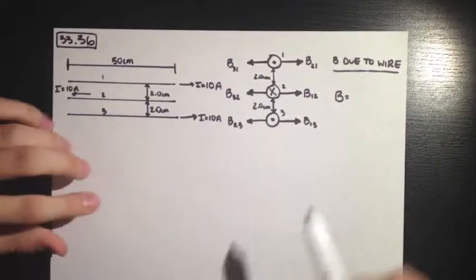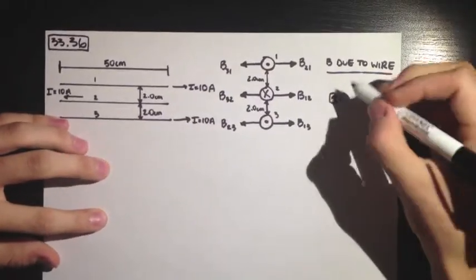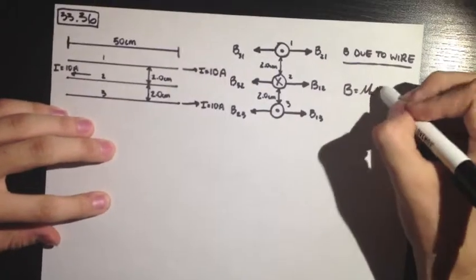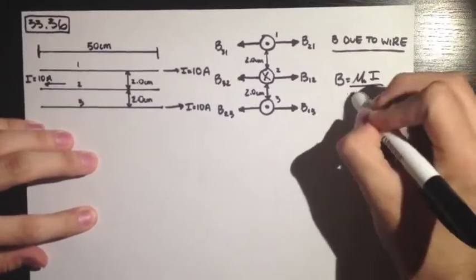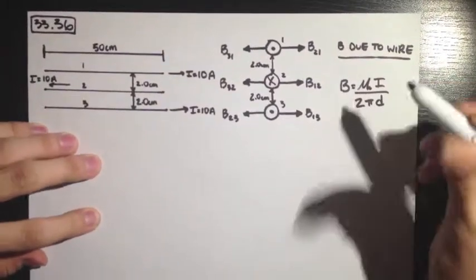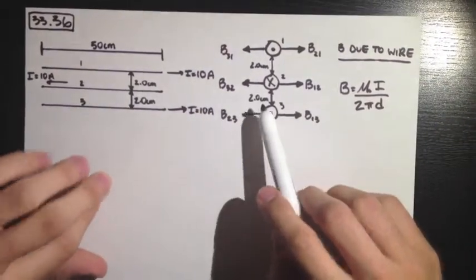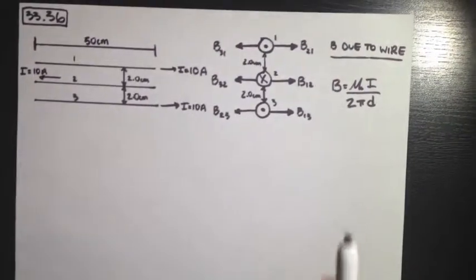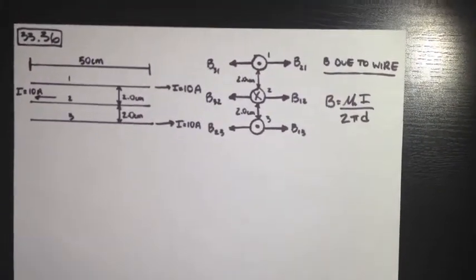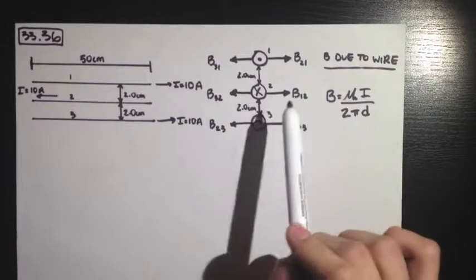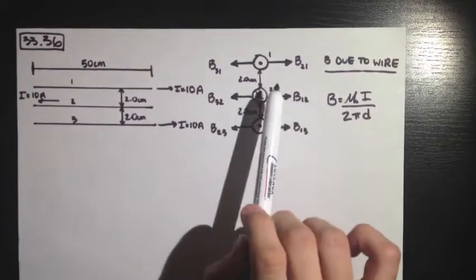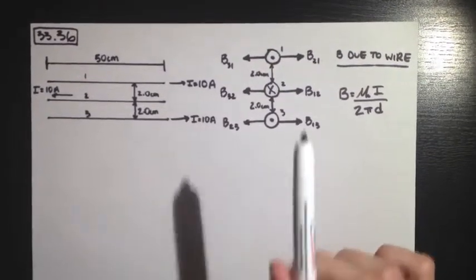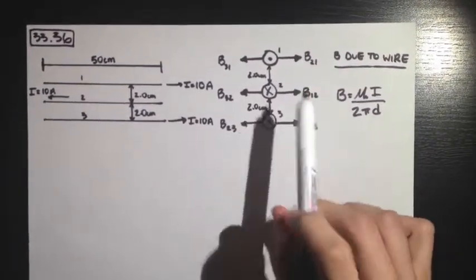Now what we need to remember is that B due to a wire is equal to mu naught I divided by 2 pi times the distance, where the distance is the distance between the wires, I is the current, and mu naught is 4 pi times 10 to the negative 7th, which is just that constant. So I've already calculated all of these out. Because the distance between 1 and 2 is the same as 2 and 3, we have 4 of these that are exactly the same magnitude.